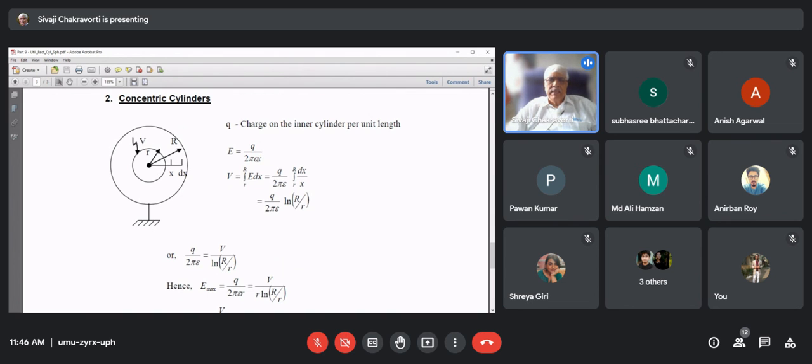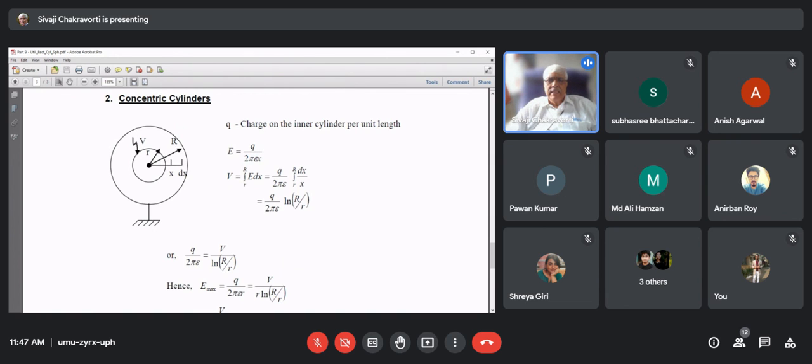Why Q by 2 pi epsilon x? Because D, the flux density, will be charge divided by surface area. And what is the surface area? 2 pi x multiplied by 1, where 1 is the length. 2 pi r L is the surface area of the cylinder. So 2 pi x into L, with L equal to 1.